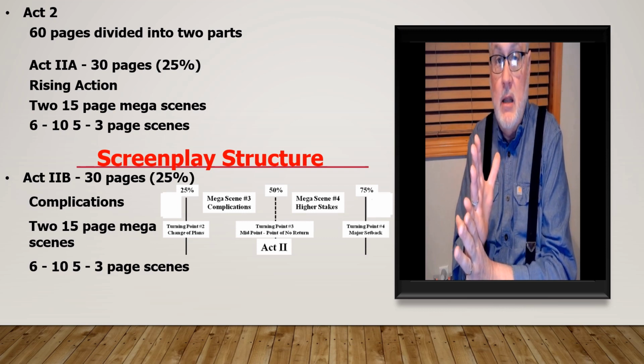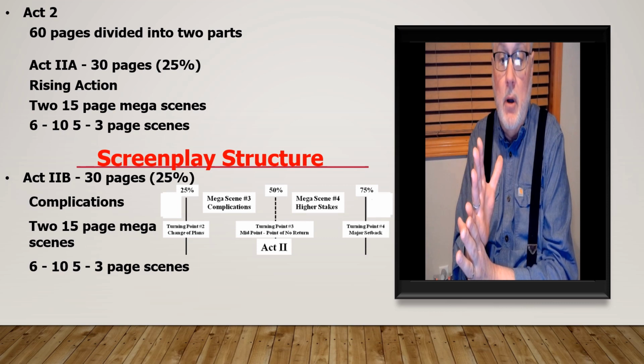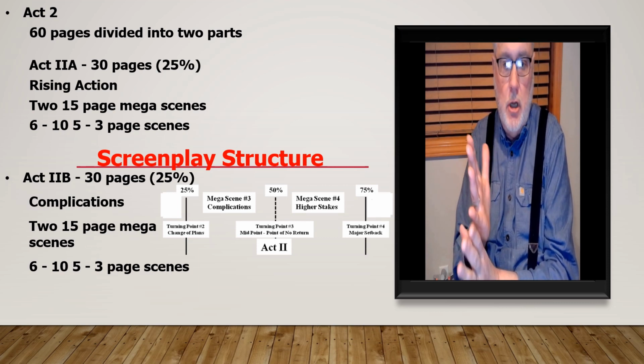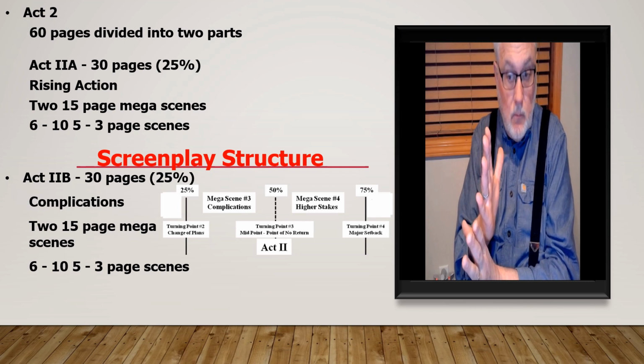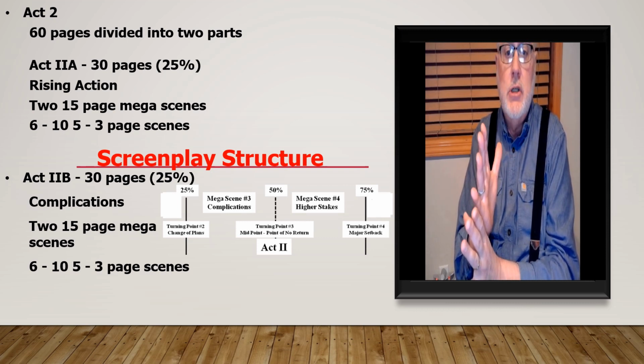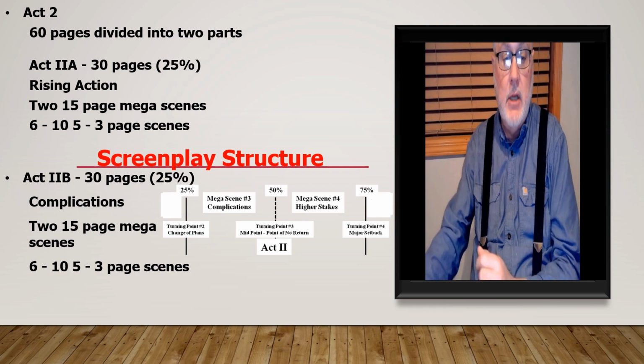Right before the beginning of the third act, you have a major turning point, a major setback, or whatever you want to call it. But you've had a scene or scenes where our hero has had a major setback.